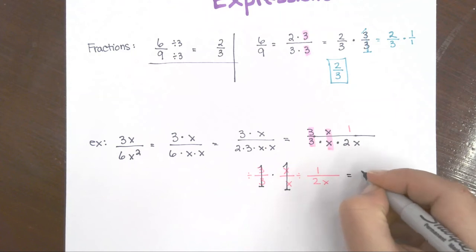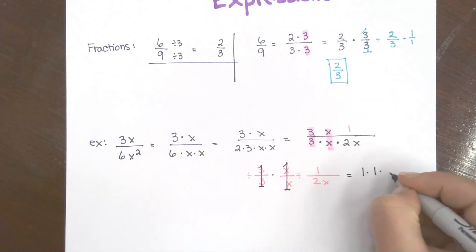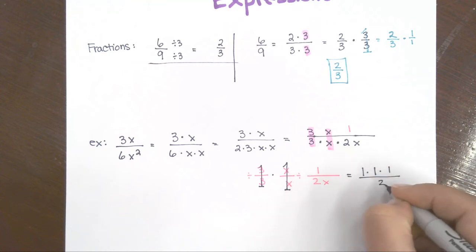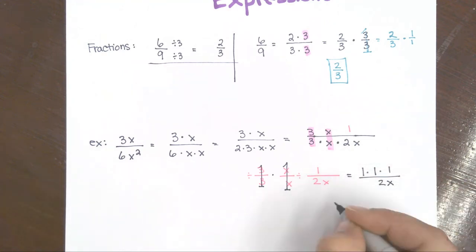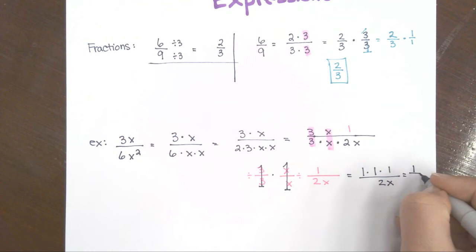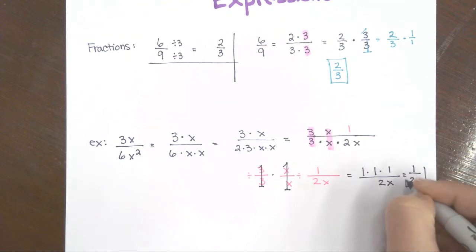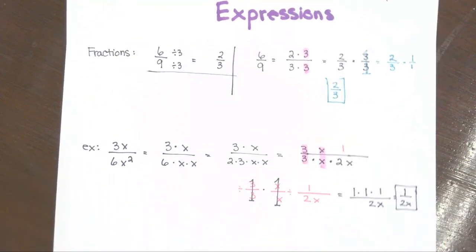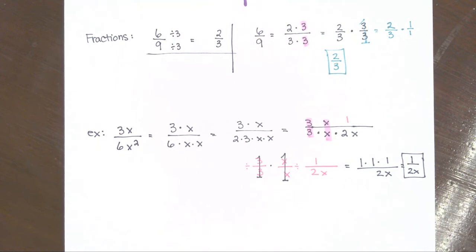So in reality, we have 1 times 1 times 1 over 2x. Well, 1 times 1 times 1 is just 1. So you have 1 over 2x as our answer. Eventually, the more you do these, the more you're going to see things, and you can go a little bit faster on your simplification.